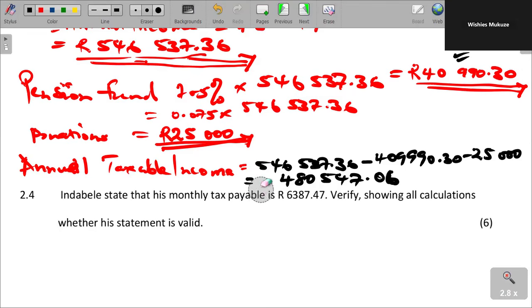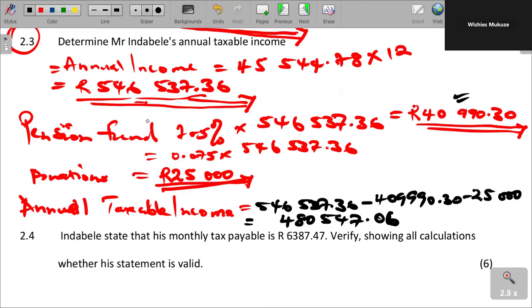I hope we can understand these figures. The key steps we are supposed to know: we have to calculate the total annual income. Step 2, we calculate the pension fund, which is 7.5%. Step 3 is the donations, which is also deducted from his total money.